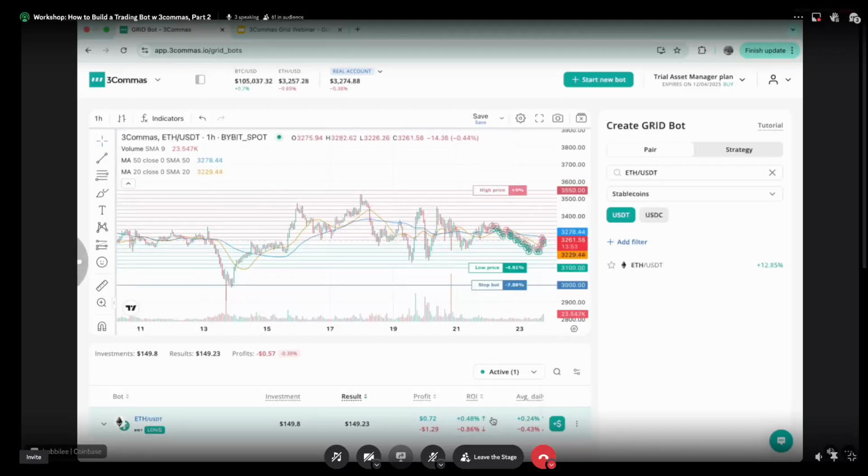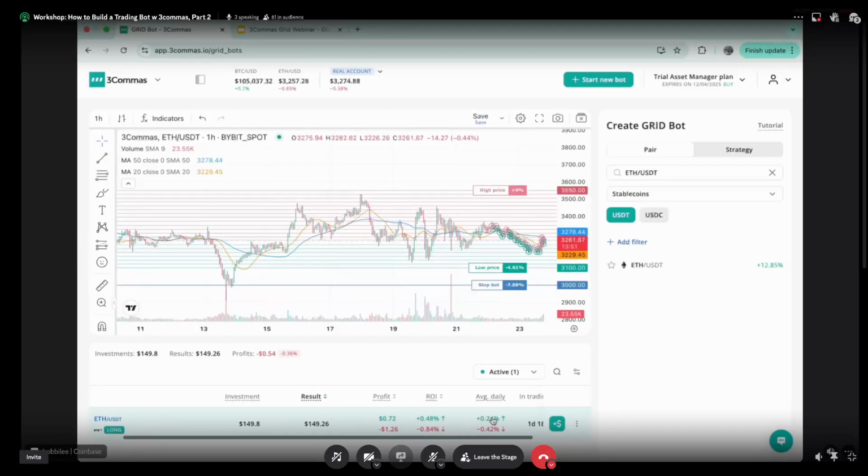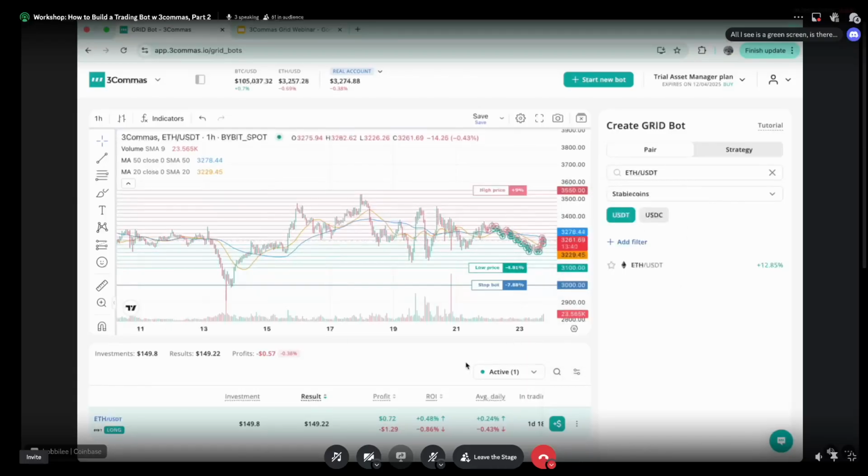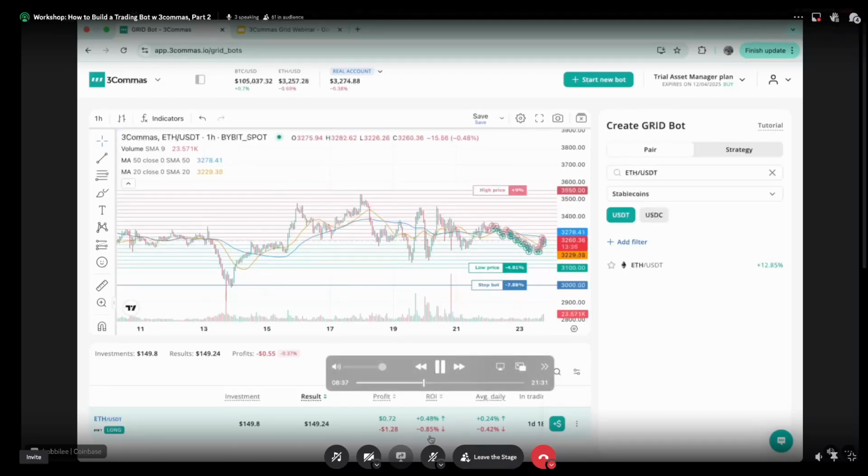What's important here, and what might be not so easy to understand, is that you have this split view for profit and ROI, which allows you to see profit and ROI realized and unrealized. So now you can see that I have some realized profit, which is green, and some unrealized profit in red colors. I'm not worried about this. This will be fine later.